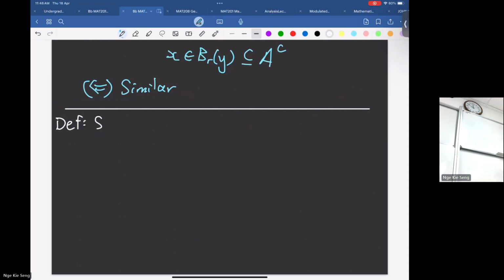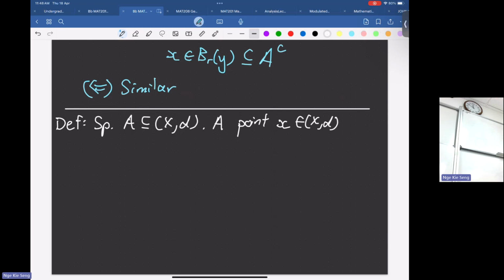Definition. Suppose A is a subset again, and we want to look at a special point. What does this point do? First, I call it a limit point.